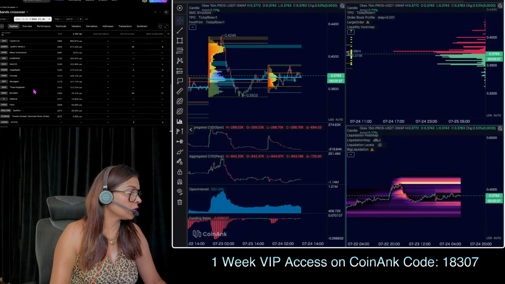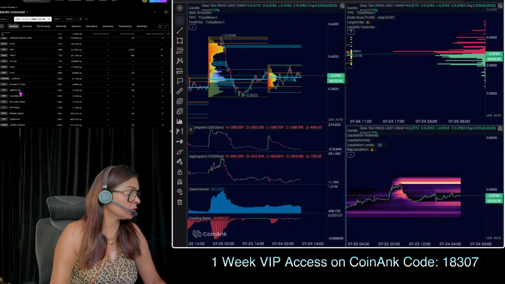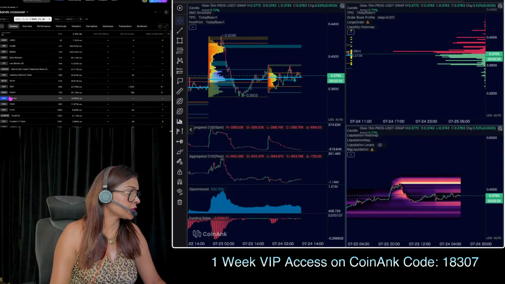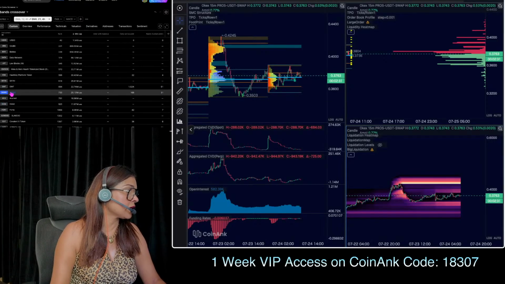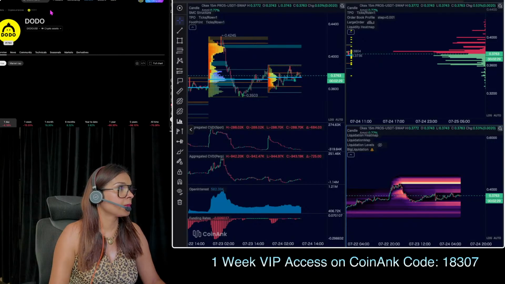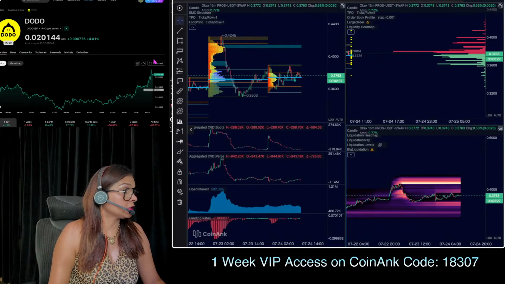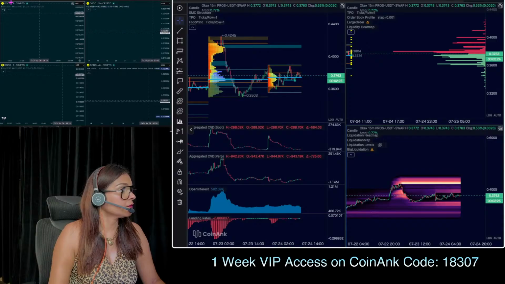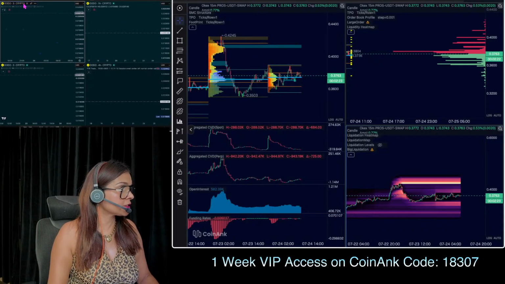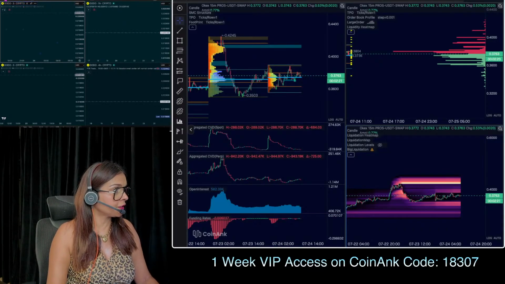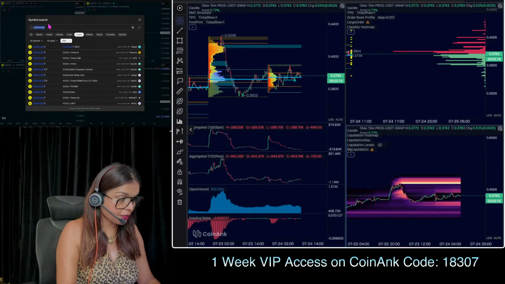Now, I don't want all of these, but for now, these are the ones that are crossing up. Let's say, for example, let's have a look at this. I don't even know what it is, DODO. All right, DODO, because my indicator doesn't work with just crypto. It has to be Binance or something.